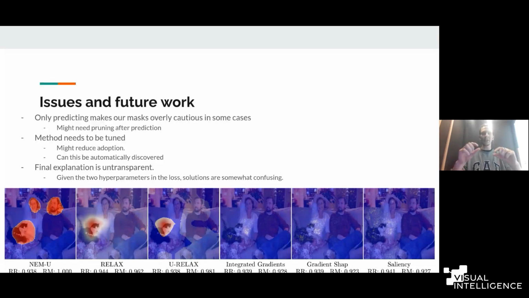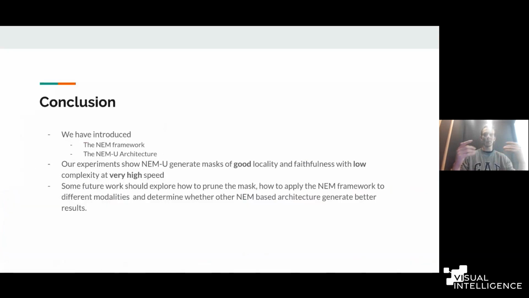These hyperparameters define some sort of equilibrium between these things. But a user looking at this mask doesn't really know: is it this big because it focused too much on complexity, or because it focuses a little bit too much on accuracy? So the hyperparameters creating this solution is a little bit confusing.